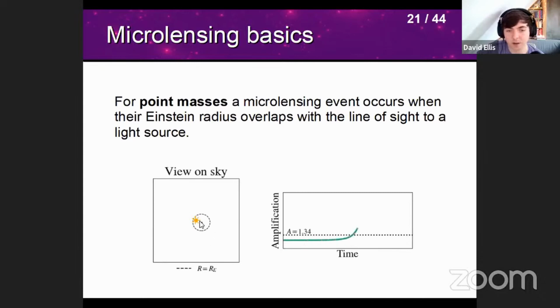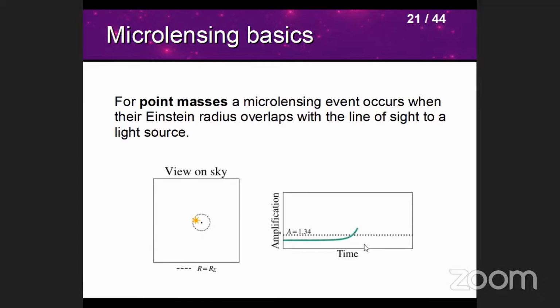So that's the point: for power law profiles that are steeper than r to the minus 1, there will exist impact parameters at which you do get amplification that's large enough to be visible.